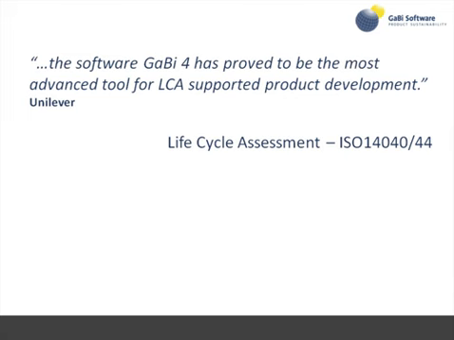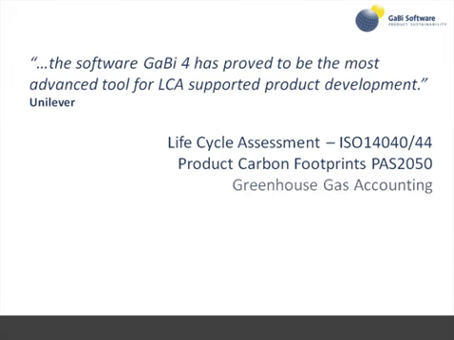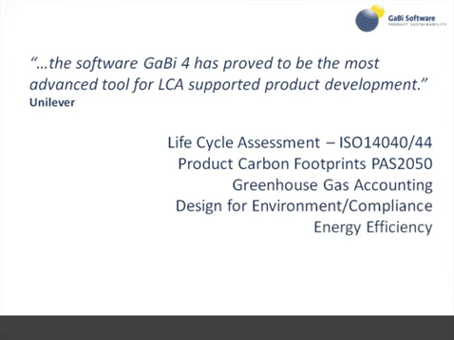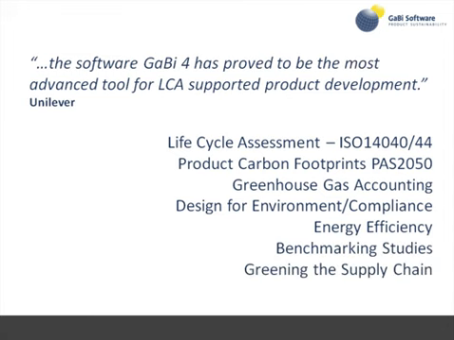These include life cycle assessment according to ISO 14040 and 14044, product carbon footprints, for example, according to PAS 2050, greenhouse gas accounting, design for environment and design for compliance, energy efficiency, benchmarking studies, greening the supply chain, and material flow analyses. So let's take a look in the software.